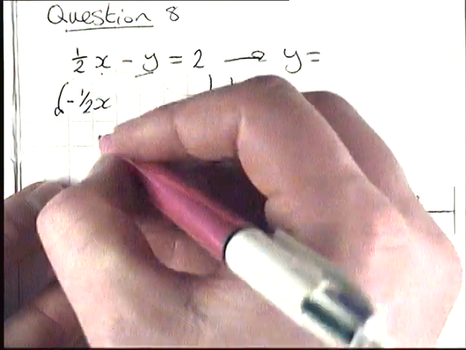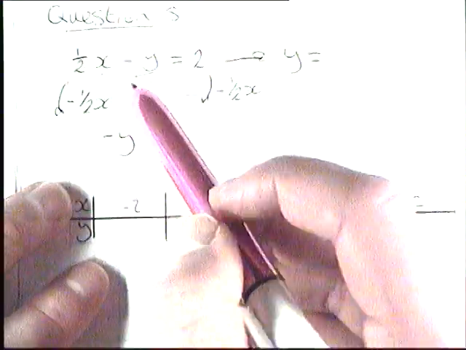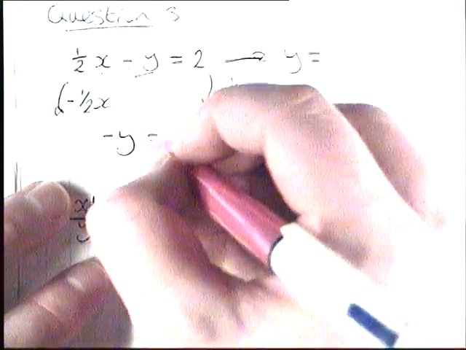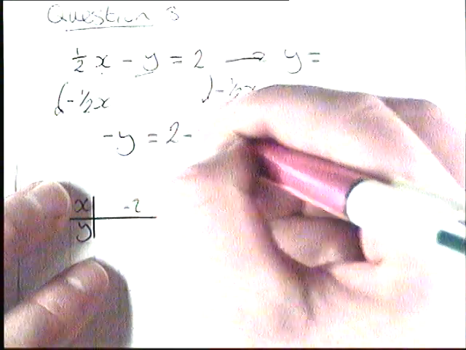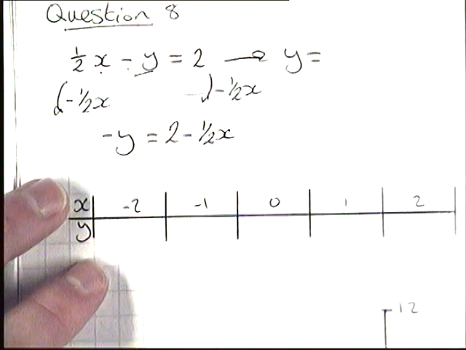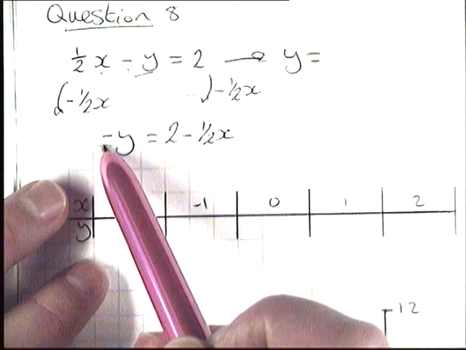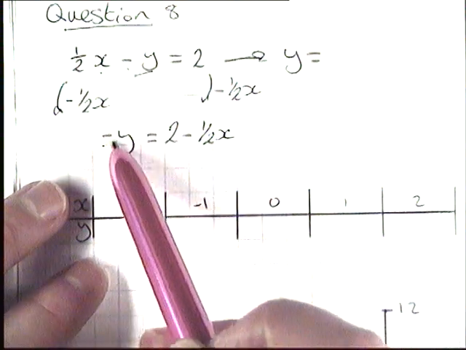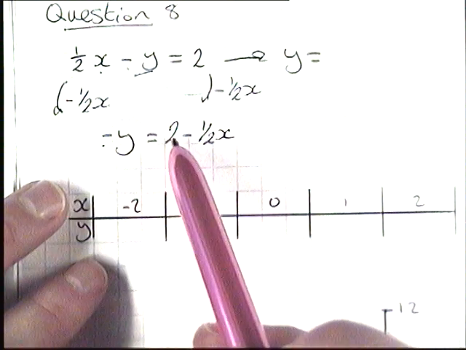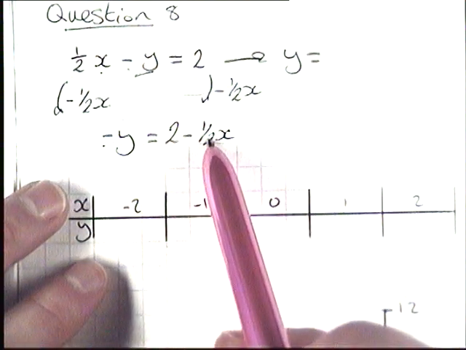So that's going to leave us with minus y. So remember, that negative stays in front of the y. We haven't done anything with that yet. Equals 2 minus a half x. But now we've got the issue where we've got a negative y. We don't want negative y, we want positive y. So to get rid of the negative, we're going to change the sign in front of every term.